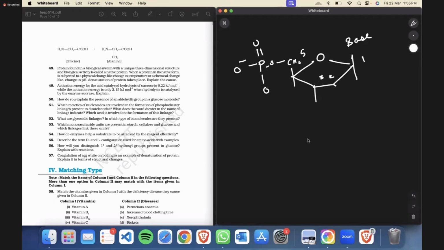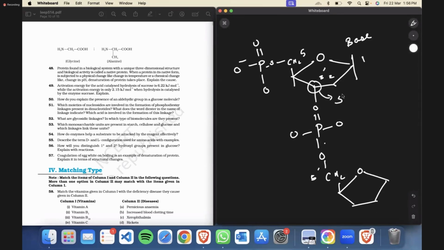And this chain will keep on growing. How? P double bond O, single bond O, single bond O, single bond O. And from this O, you have again a carbon 5 because you will have a sugar over here. So 3 to 5. This carbon is 3 and this carbon is your 5.